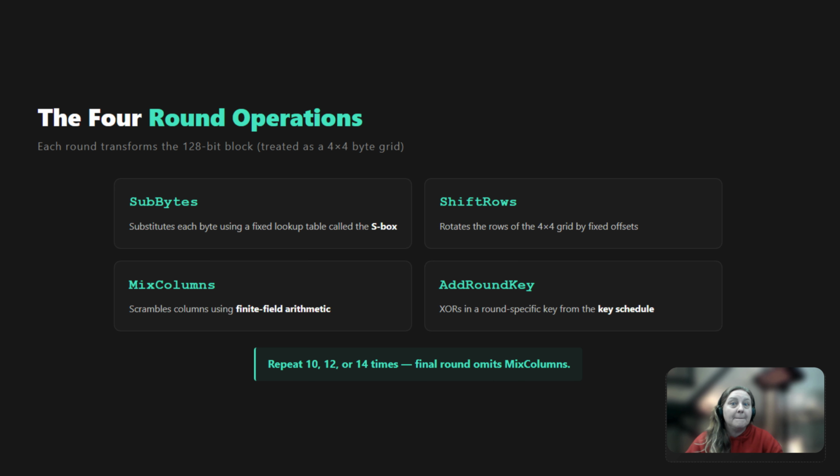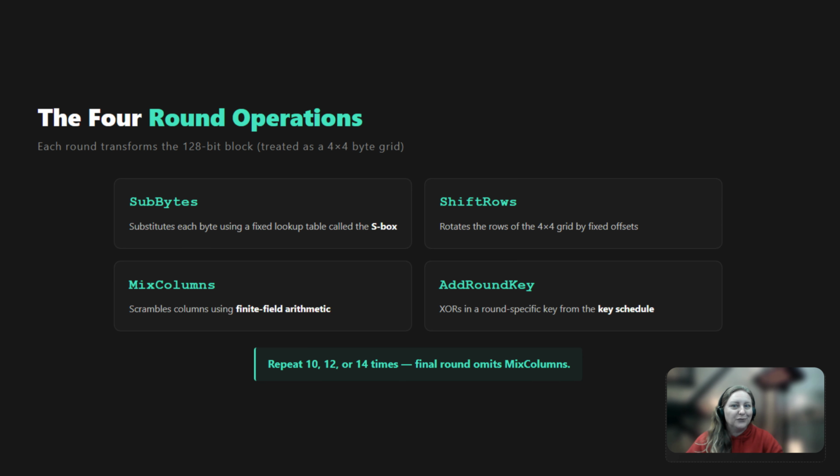Longer keys mean more internal rounds of processing. 10 main rounds for AES-128, 12 for AES-192, and 14 for AES-256, plus a pre-round key addition with the final round structured slightly differently. More rounds, more security, slightly slower performance. For most modern systems, the performance difference is negligible because of hardware acceleration.